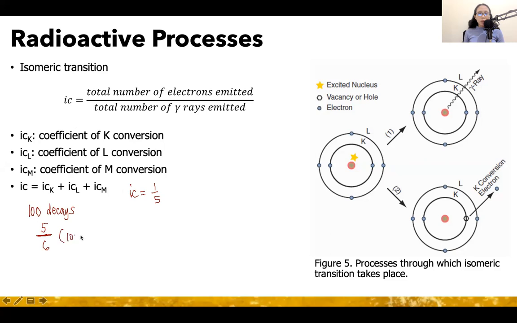We multiply this by the total number of decays, then it gives us approximately 83 decays which undergo via emission of gamma rays, while the remaining 17 decays will undergo internal conversion or knocking out of electrons from an inner orbital. Okay?